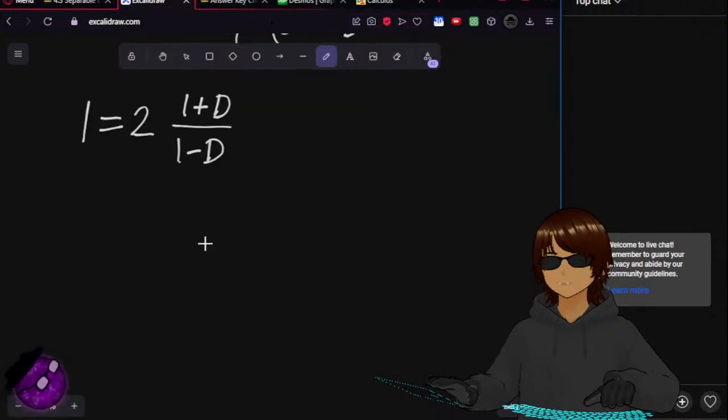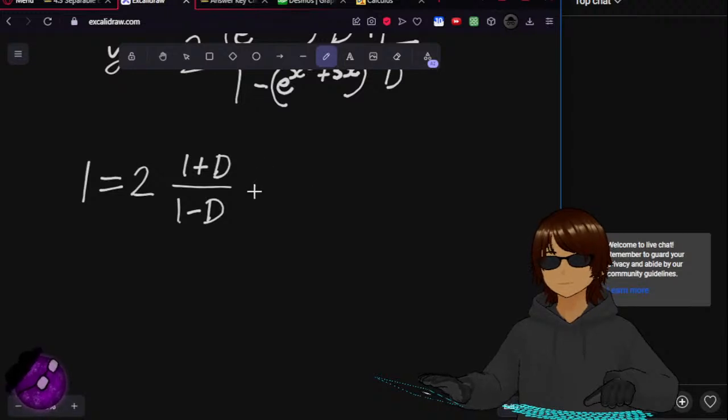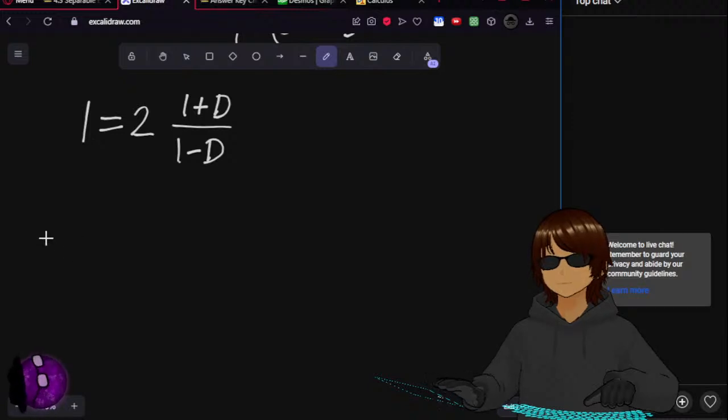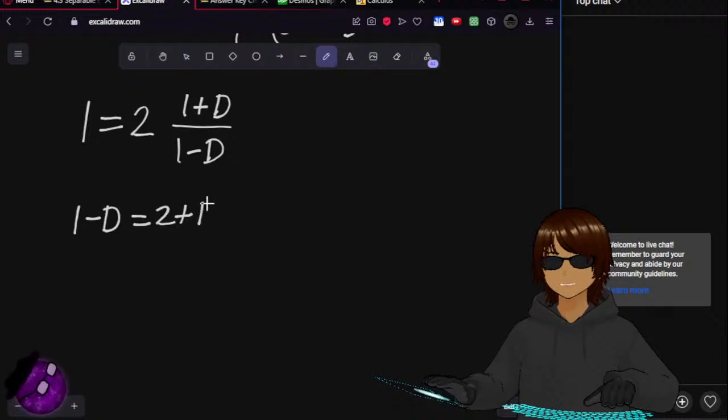Let me see. Minus t is equal to 2 plus t, 2 plus 2d. Two minus 1, which is 1.